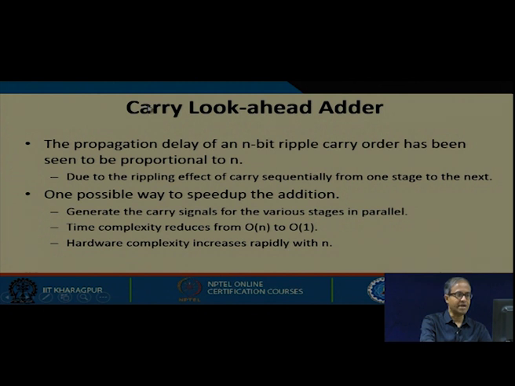If we can do that, then the total time complexity of the adder can reduce from order n, which means roughly proportional to the number of stages, to order 1, which means addition can be done in constant time independent of the number of stages. But this is possible if somehow we can generate the carry bits in parallel. All the carries we generate in parallel.